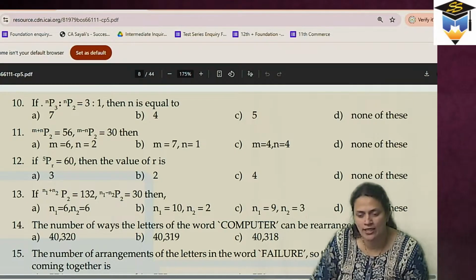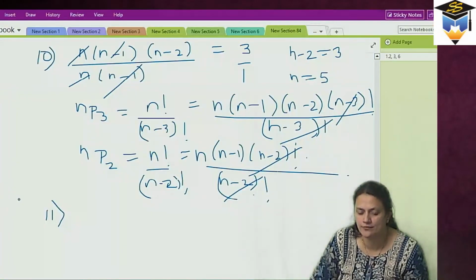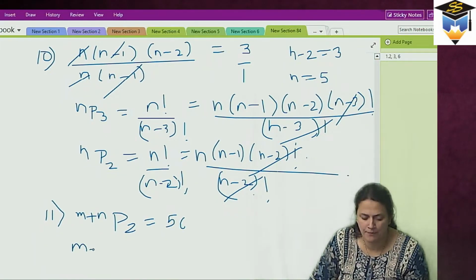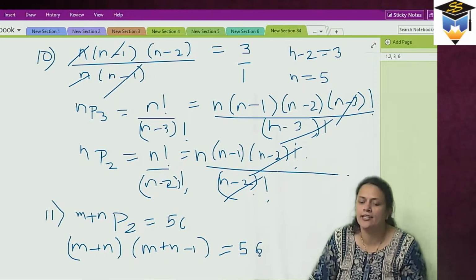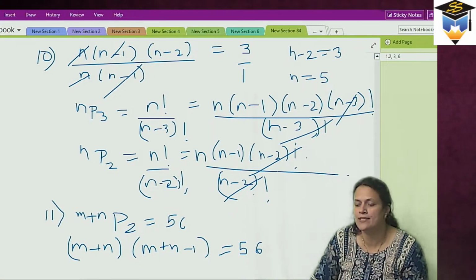So let us use the formula for the 11th one. m plus np2 is given to us as 56. So can I write this down as m plus n into m plus n minus 1?